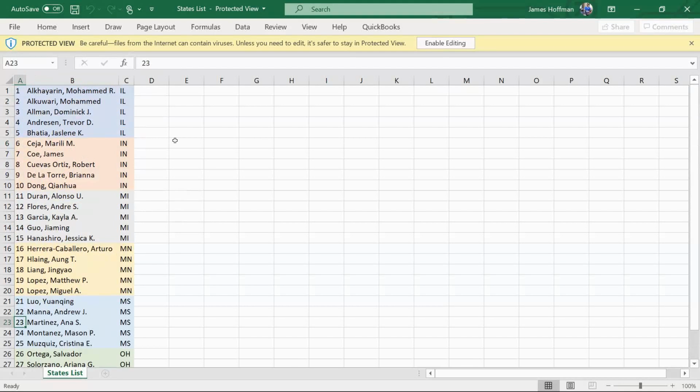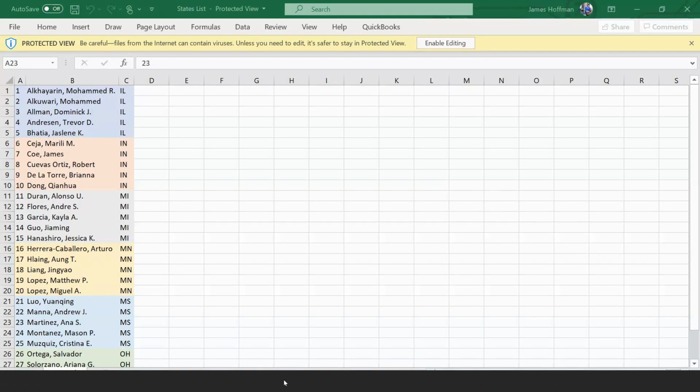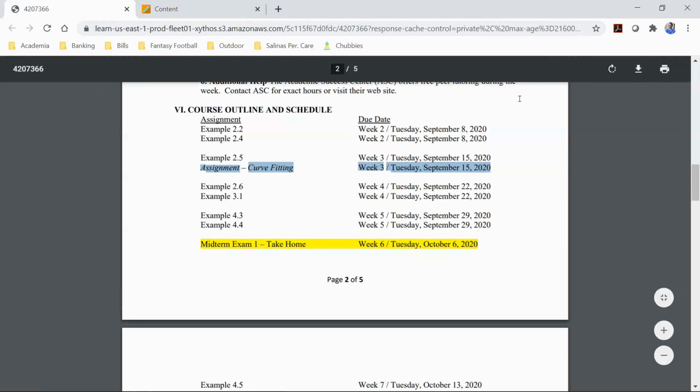But look at this. Is this assignment due this coming Tuesday or the following Tuesday? This is due next Tuesday, Tuesday, September 15th.